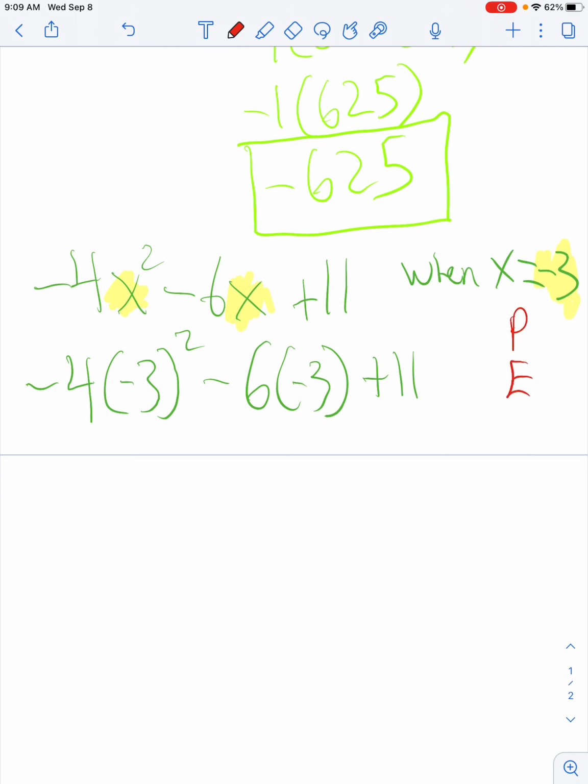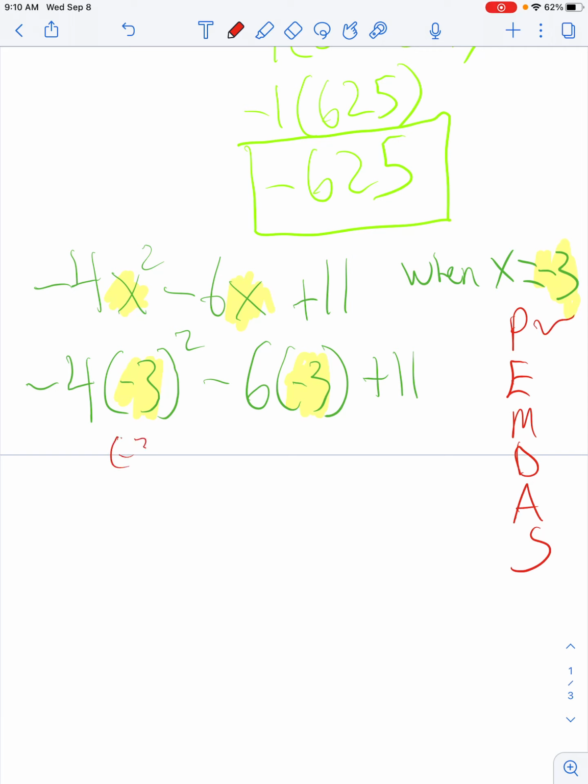So let's look here. I've got to do PEMDAS: parentheses, exponents, multiplication, division, addition, subtraction. Yes, I have parentheses, but there's nothing inside my parentheses that I can simplify. There are no like operations going on.